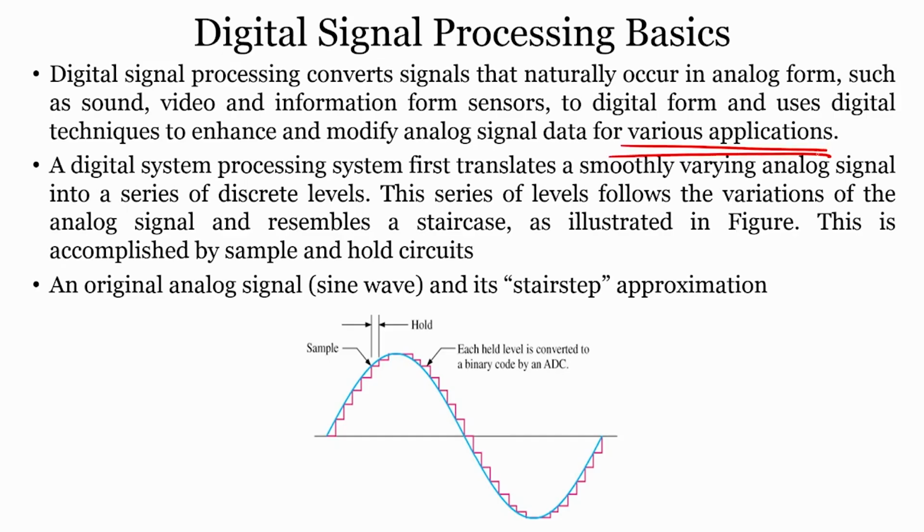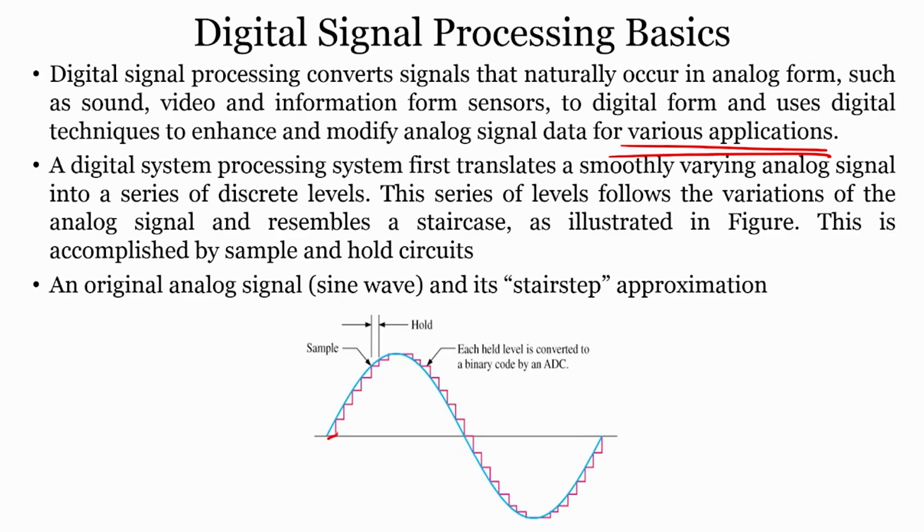So, a digital signal processing system first translates a smoothly varying analog signal into a series of discrete levels. You can see here a smoothly varying analog signal into a series of discrete values, right. This series of levels follows the variation of the analog signal and resembles a staircase.